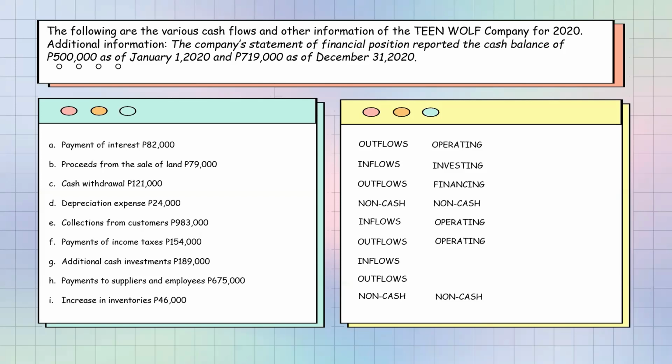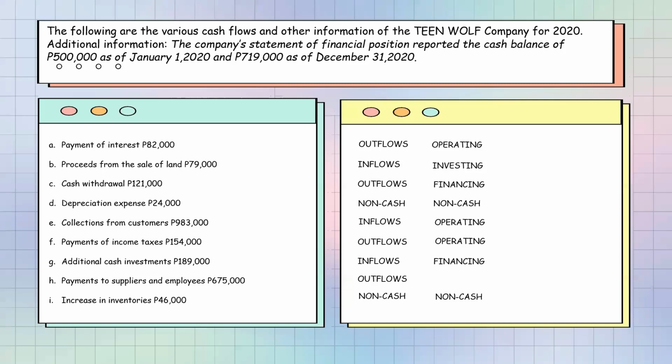So, yung letter G, additional cash investment. Ang involved dyan is owner's equity. Kapag owner's equity, ang involved is under financing. Nasabi ko na kapag sa financing, ang makikita natin doon or ang involved doon is sa balance sheet under non-current liabilities and then yung equity.